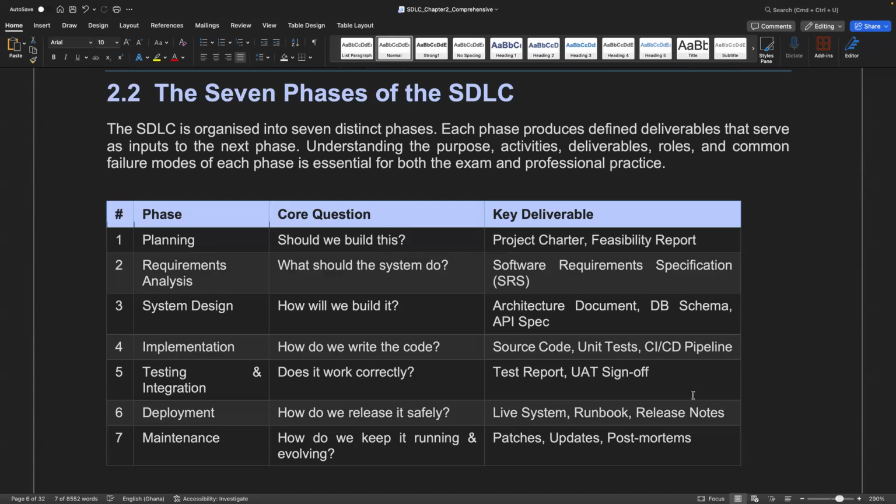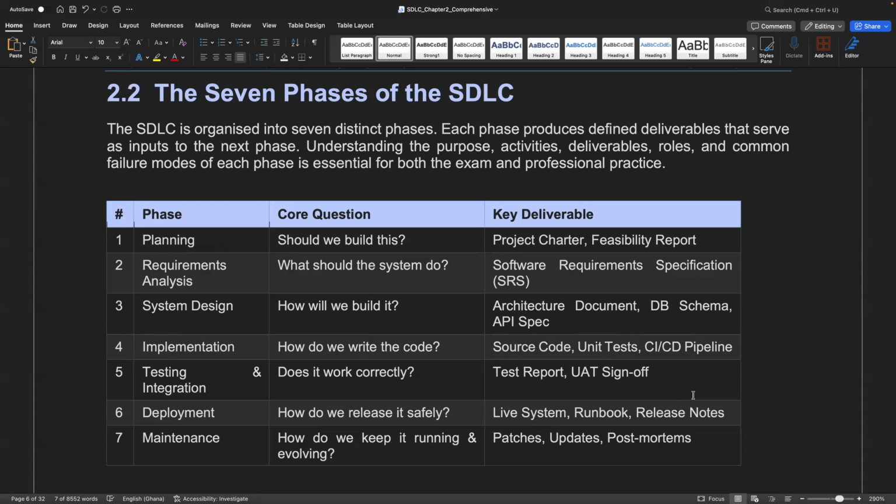Now, each phase has its goals that serve as a catalyst to the next stage. So it's very, very important that we understand the purposes, the activities, the deliverables, the roles, and some common failures that each phase has, for us to know and appreciate.